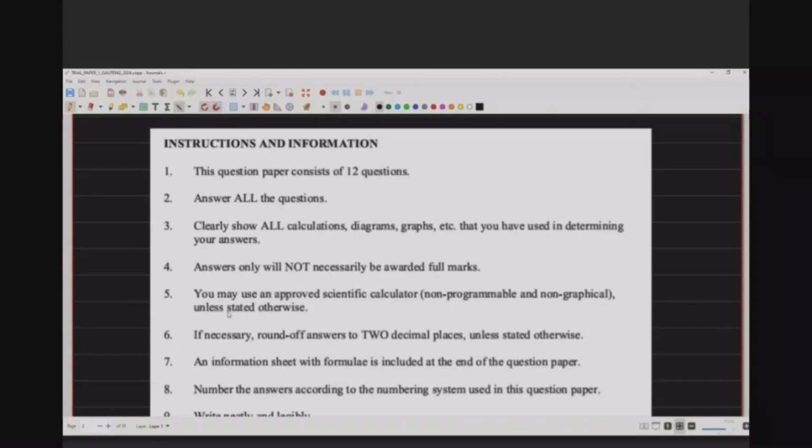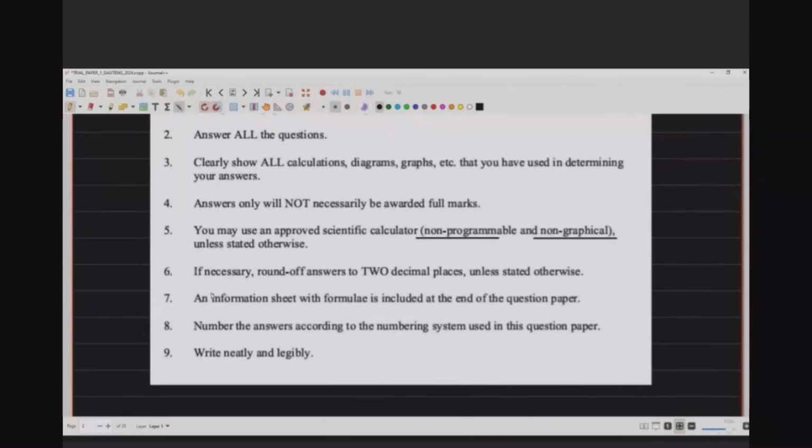You may use an approved scientific calculator, non-programmable, and non-graphical. Non-programmable here means that this is a calculator that cannot be programmed by the consumer. Non-graphical means that it doesn't do graphs. It doesn't give you the visual representation of a graph.